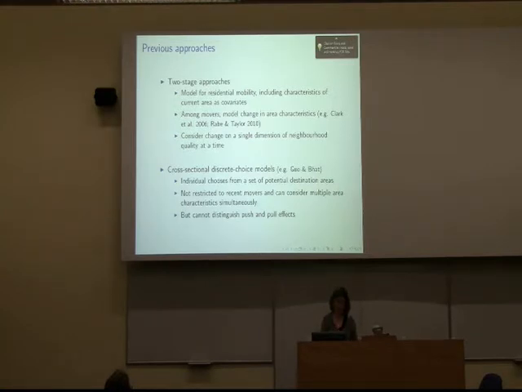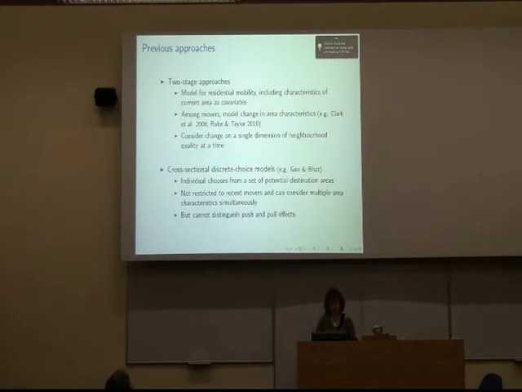The first stage involves modelling the residential mobility process, in other words, just modelling if and when people move house. And in that model, you can include, as covariates, characteristics of their current area. So this sort of approach allows you to get at push effects. To what extent does living in a deprived area encourage me to move to a different area?